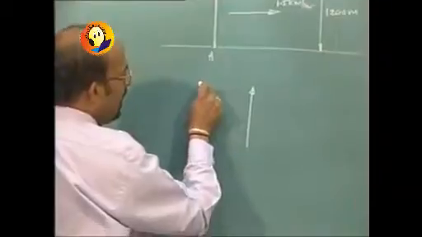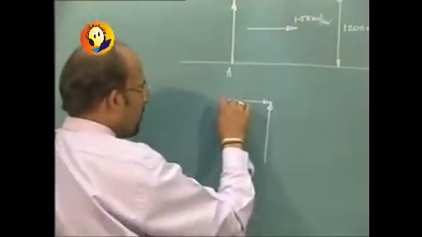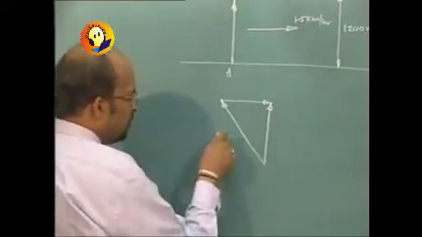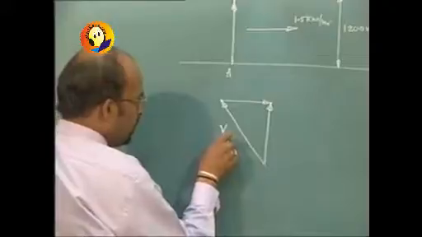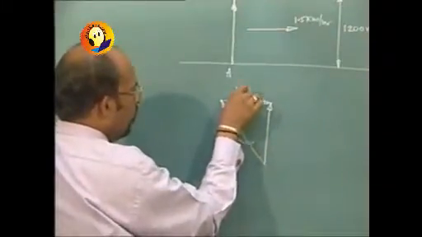We already have the velocity of the flow, and so the swimmer should swim in this direction. So this is the velocity of the swimmer, and this is the velocity of flow.